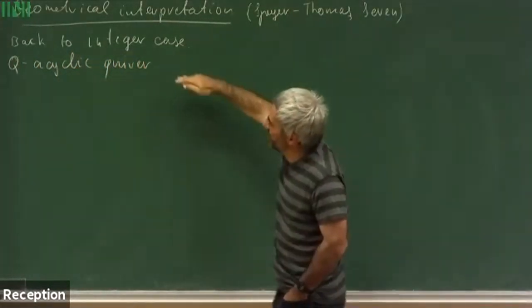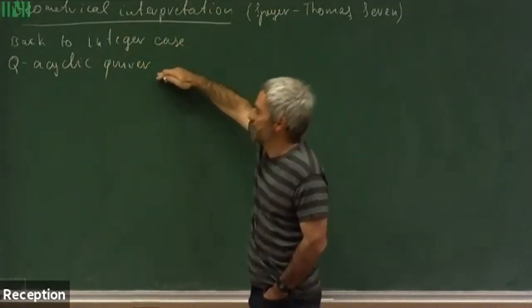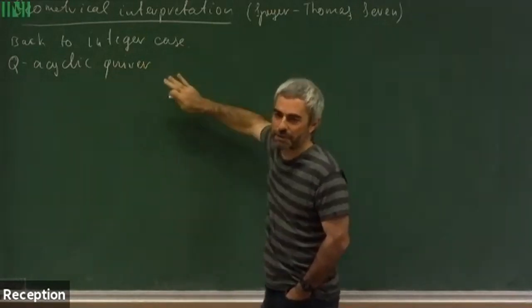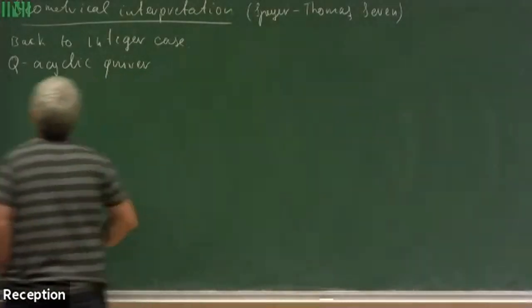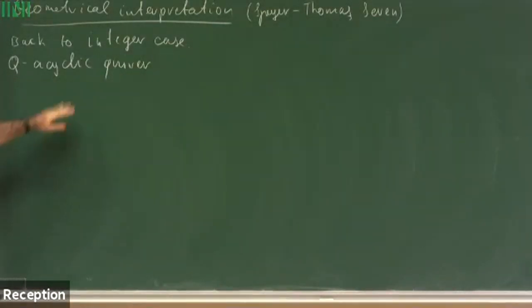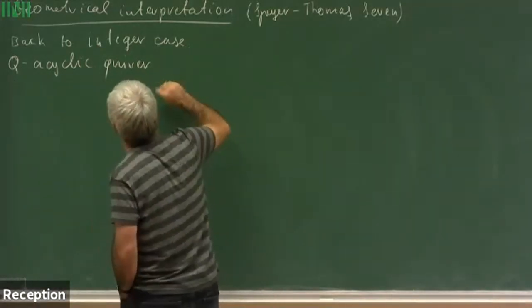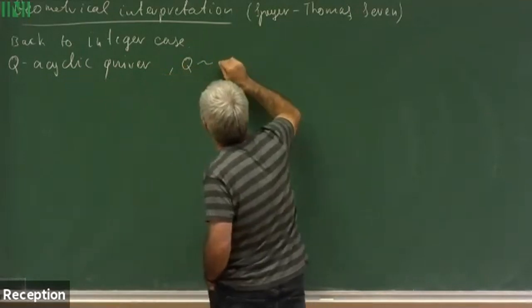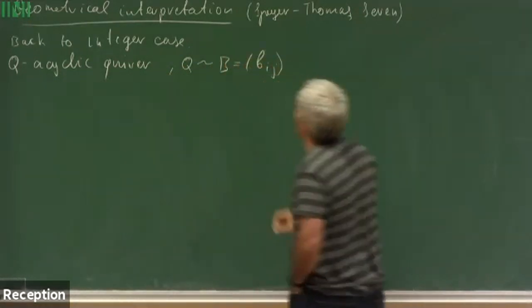Well, actually, this also works for skew-symmetrizable acyclic matrices. But just for simplicity, let me speak about the skew-symmetric case only. So Q corresponds to B. This is the exchange matrix.